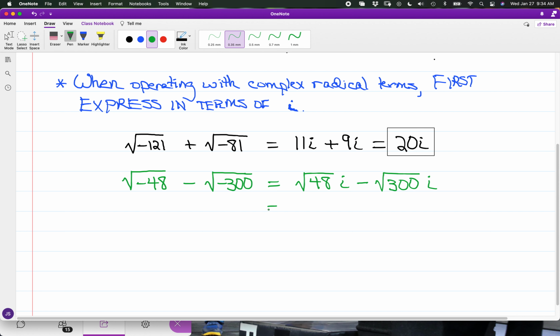But once we look at reducing, for the square root of 48, not a perfect square number, but it is a multiple of perfect squares greater than 1. The highest perfect square that would go into 48 is 16, and 16 would go into 48 3 times.